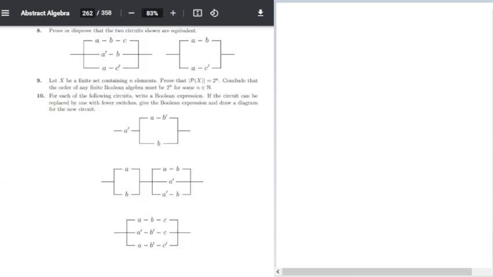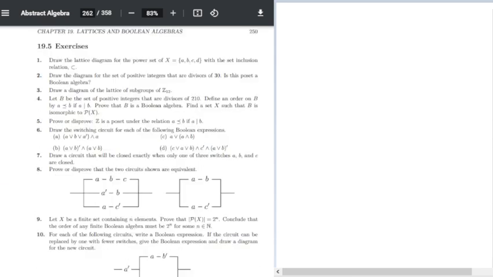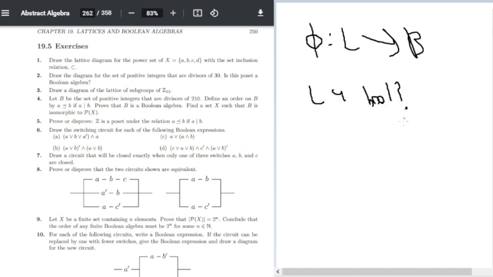Okay, so something I want to try proving is, suppose we have a lattice homomorphism from L to B, with B a Boolean algebra. Is L a Boolean algebra? I would think yes, because if you have a certain law in B, you apply that law using phi, and you apply the inverse isomorphism back to get the identity.